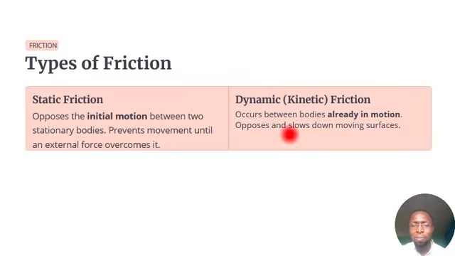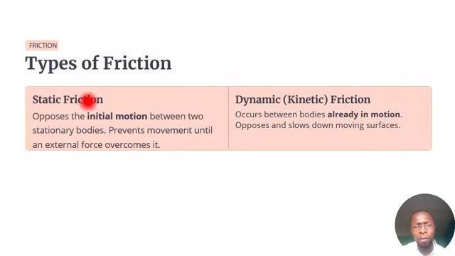But on the other hand, two surfaces can be together and be moving. Okay, now the force that wants to stop them from moving continuously is called dynamic friction. So it actually occurs between bodies that are already in motion. Even though the body is in motion, there is a force that is trying to stop that motion.